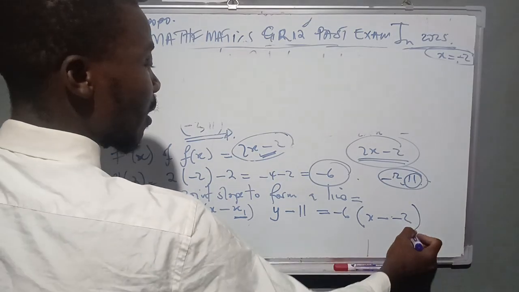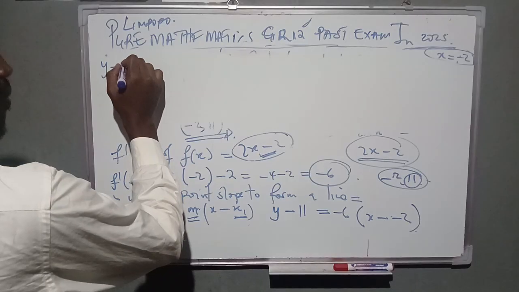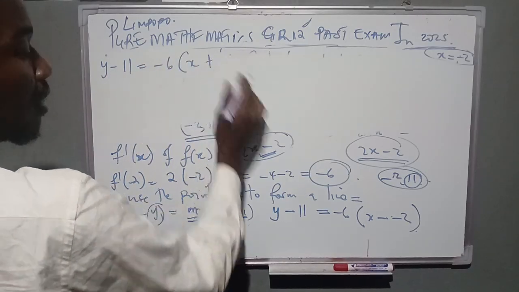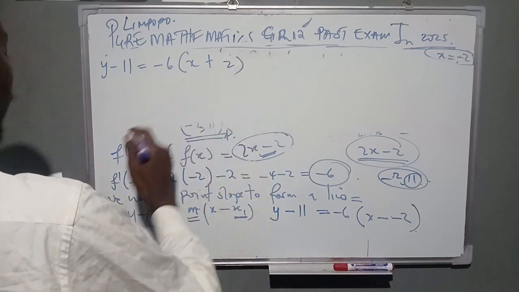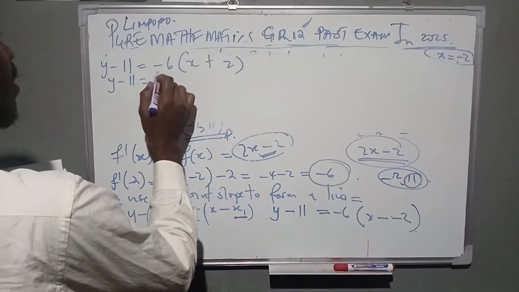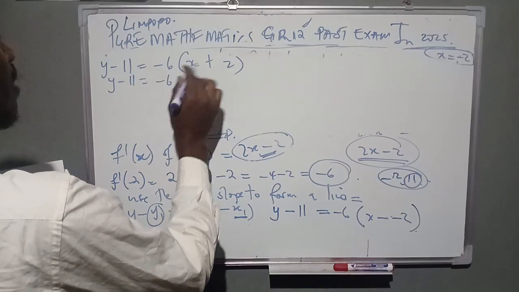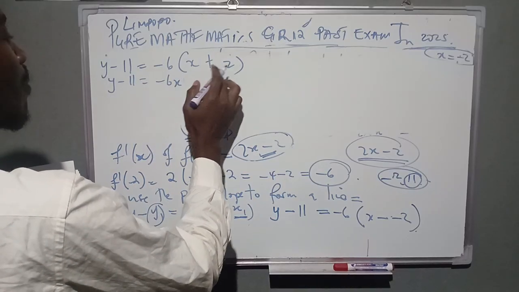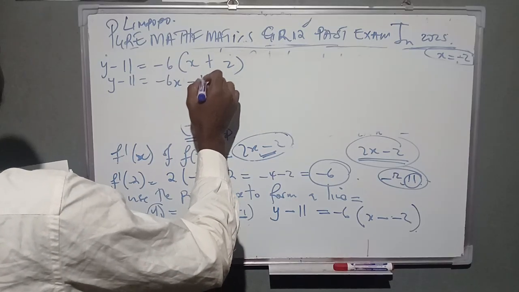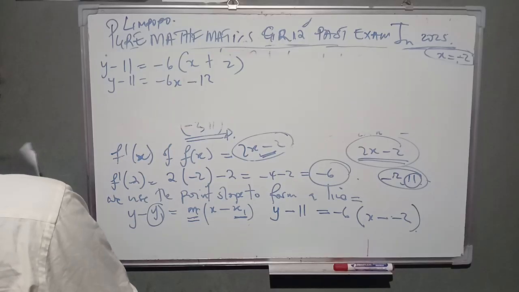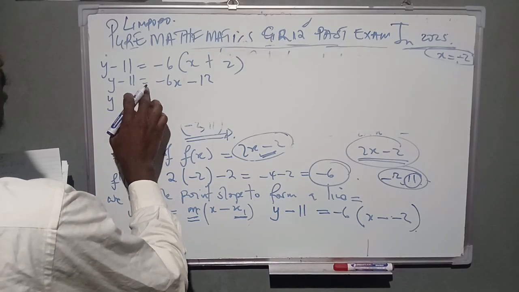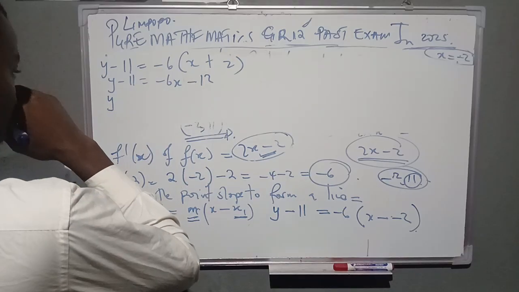So we'll first expand that bracket. We're saying y minus 11 equals minus 6 times x plus 2. So y minus 11 equals minus 6x, minus 6 times plus 2 is minus 12, right? Then we have y minus 11 equals minus 6x minus 12.